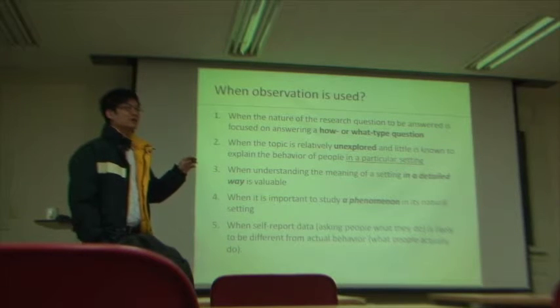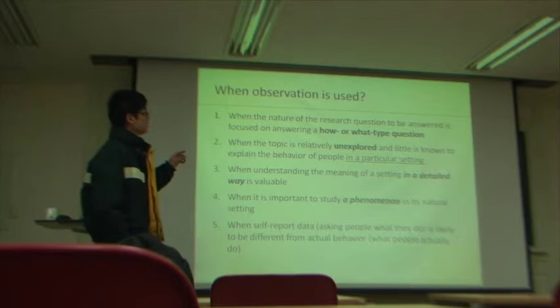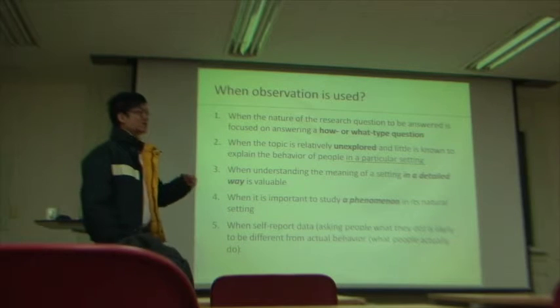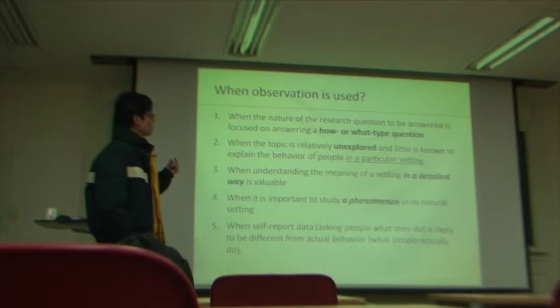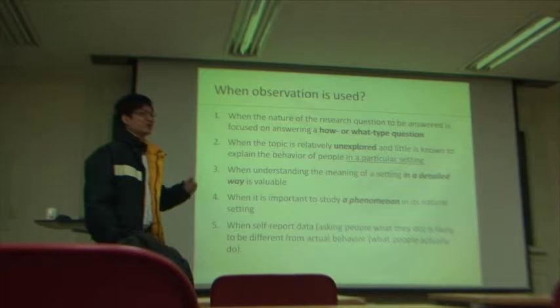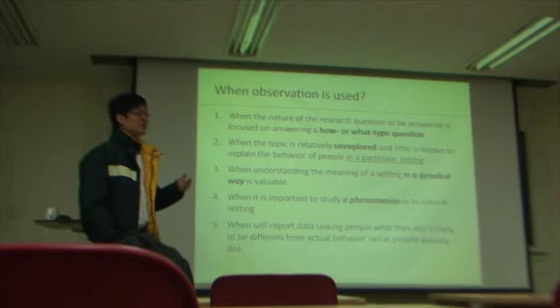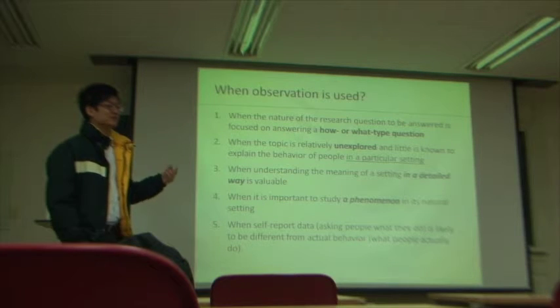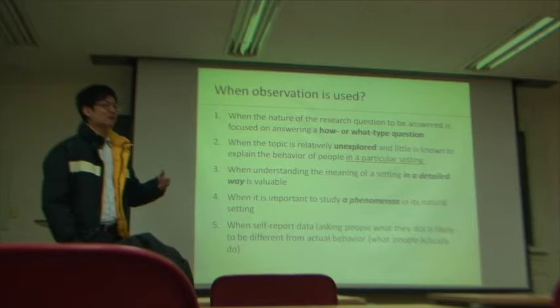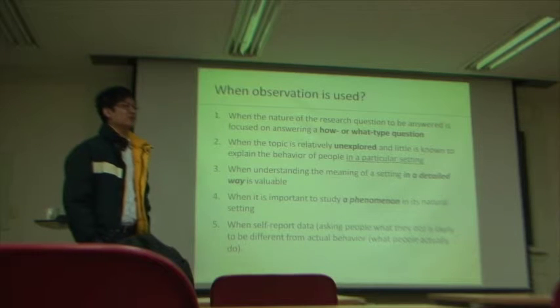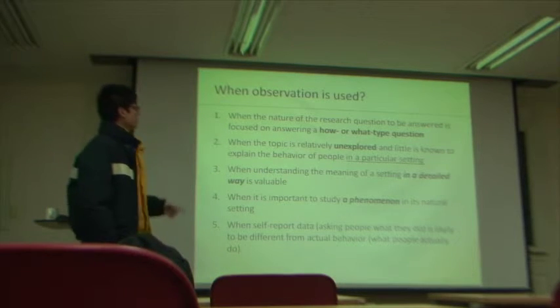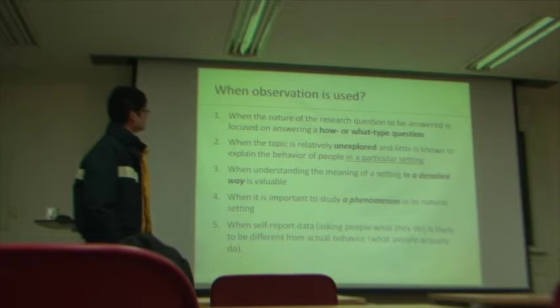If you want to know how, but you use a survey, you can imagine how much information you can get by understanding how a particular problem really occurs in the real environment. So this is the first situation.